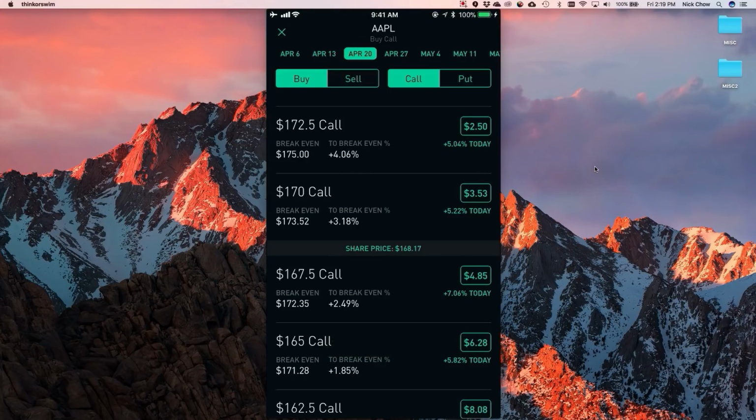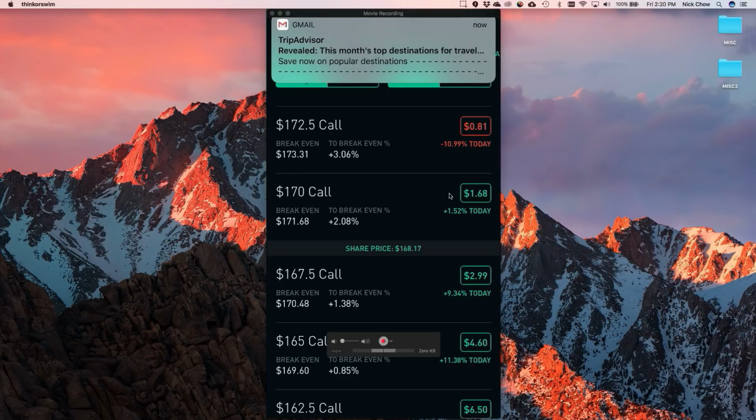So if you look at the expirations, you can see another thing is you see that there's $1.68 here. Let's just break this down a little bit. Let's take a look at these 170 calls if you were gonna buy them. So the $1.68, this is the premium that it costs you to buy this option. So when you buy an option, an option contract gives you the right to buy 100 shares of Apple at the option price, in this case, the 170 call if I was going to buy this one.